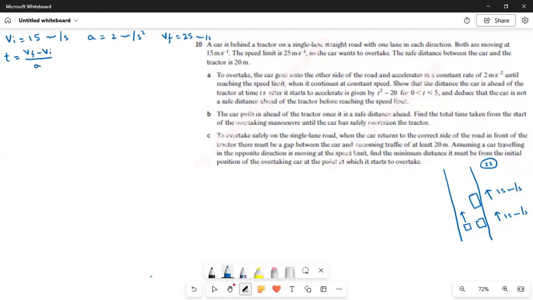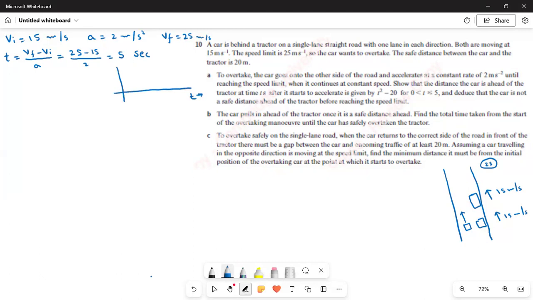Remember the famous equation Vf equal to Vi plus at? So I just rearrange that equation. Vf is 25, Vi is 15, over acceleration is 2. So 25 minus 15 is 10, 10 over 2 is 5. So it's 5 seconds.